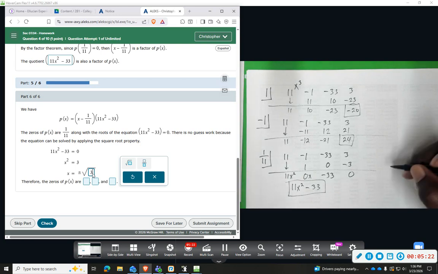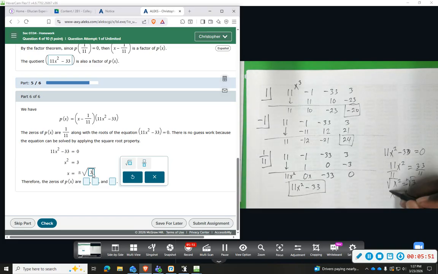So here's what we're doing. We take the remaining polynomial, set it equal to 0. This is 33, sorry. Add 33. Divide by 11. Take the square root, plus or minus, and we get x equal positive or negative square root of 3.